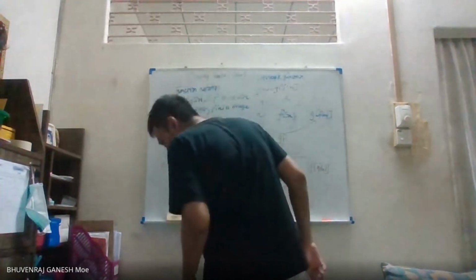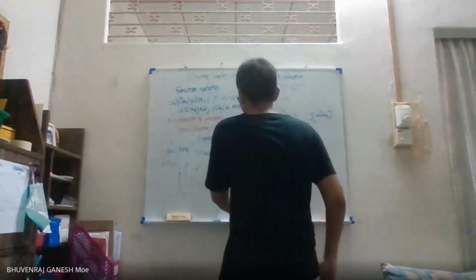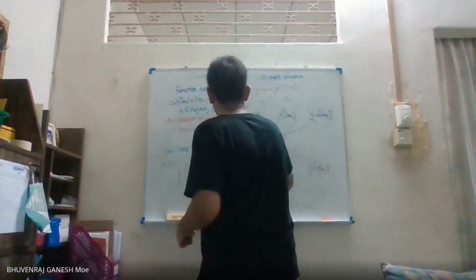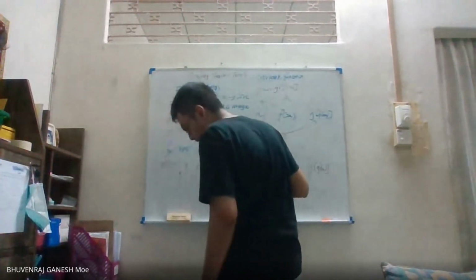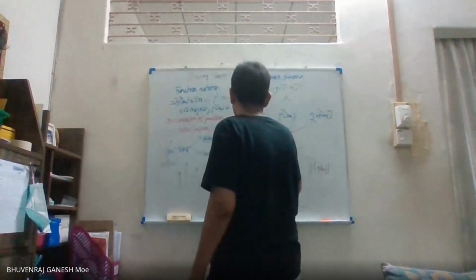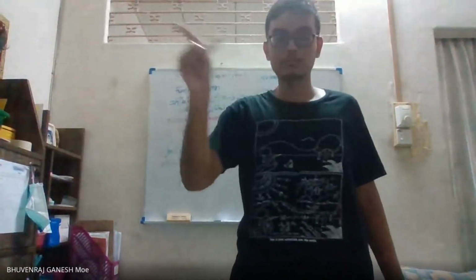Okay, and one more thing is conditions. The condition is one-to-one function, it can only apply to one-to-one functions. One-to-one is like you have a circle with x and a circle with y.